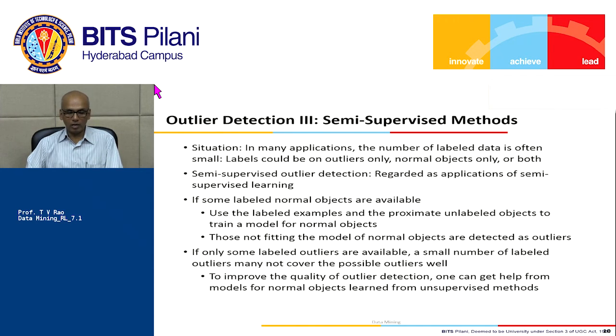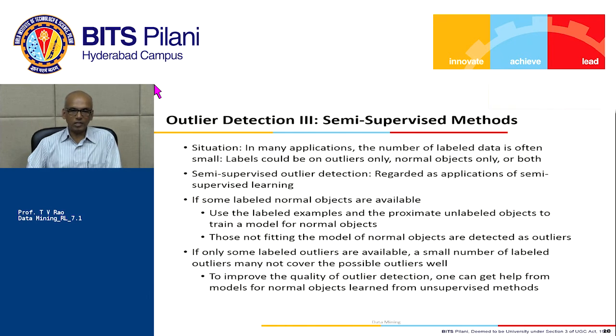to identify the objects which are close to labeled objects and consider them as normal objects, and where you are unable to reach, through some distance measure, the objects for which the labeling has already been done, you may consider that as an outlier.